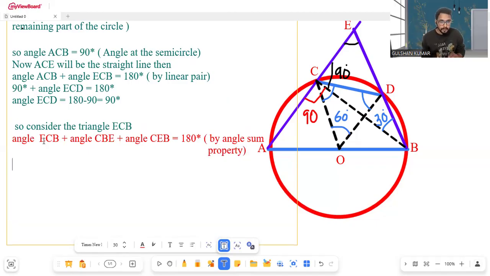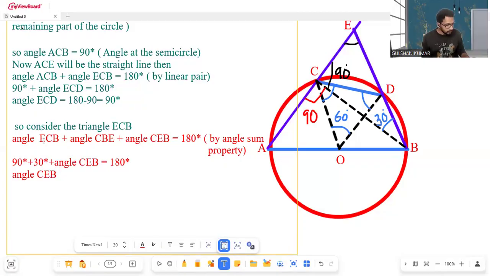Now angle ECB, that is 90 degrees, plus angle CBE, that is 30 degrees, plus angle CEB equals 180 degrees. Now angle CEB equals 180 degrees minus 120 degrees, since 90 plus 30 is 120. That equals 60 degrees.